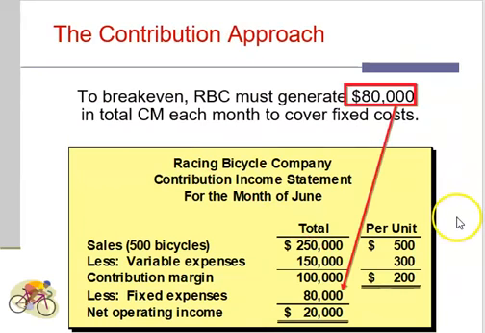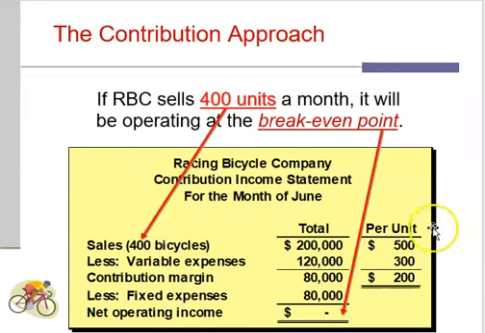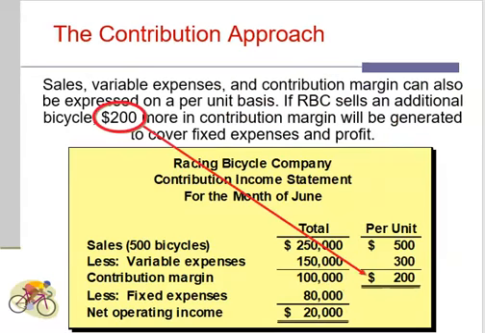Now, one of the great things about this is we can do it per unit. So you'll see, oops, sorry, let me come back. This is a per unit contribution margin. It's the same numbers. So they're saying 500 bicycles.